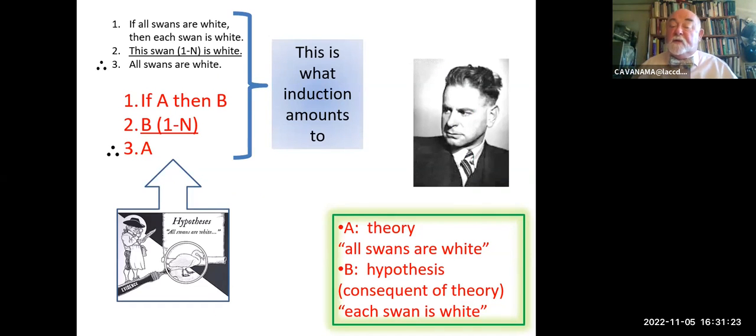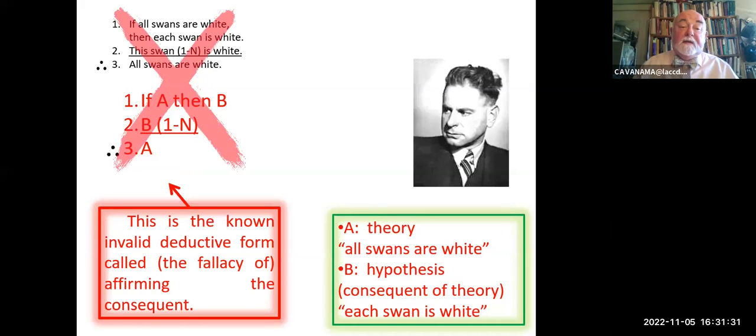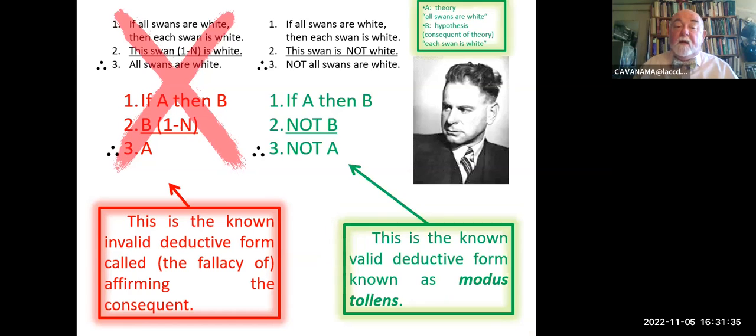And again, this is what induction amounts to: the theory that all swans are white, the hypothesis each swan is white. But this is the known invalid deductive form, affirming the consequent. What scientists actually do is modus tollens. This is a known deductive form also, but it is a valid form. If all swans are white, then each swan is white, but this swan is not white.